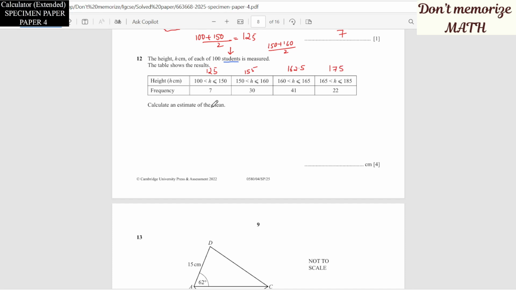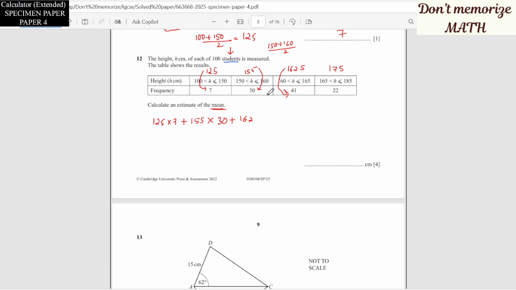Now we need to find the mean. To find the mean, you need to multiply the midpoint and the frequency: 125 times 7 plus 155 times 30 plus 162.5 times 41 plus 175 times 22.